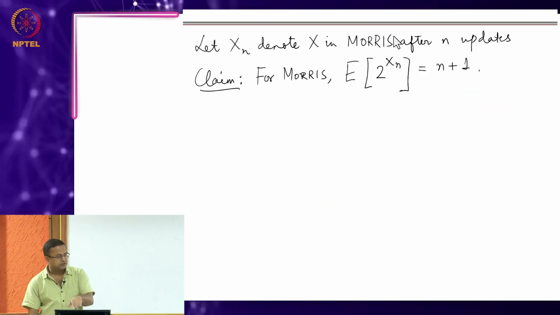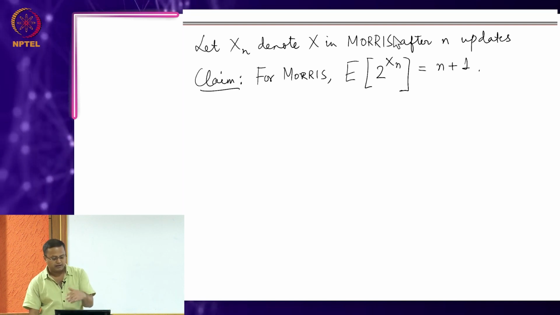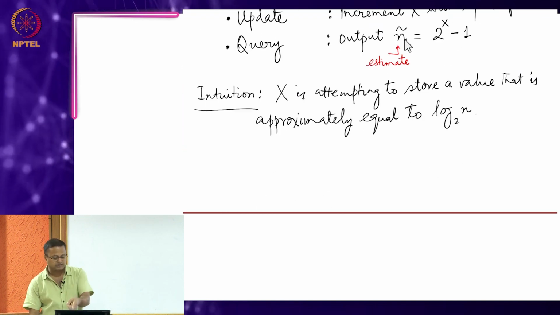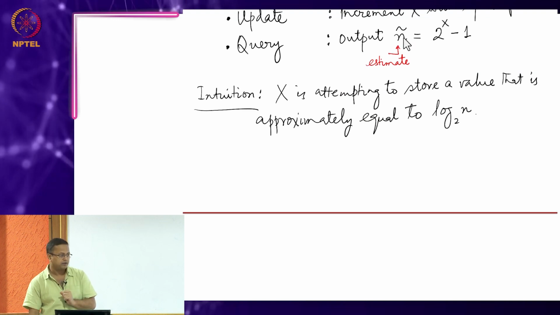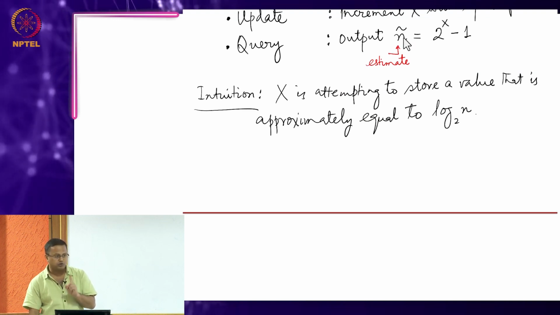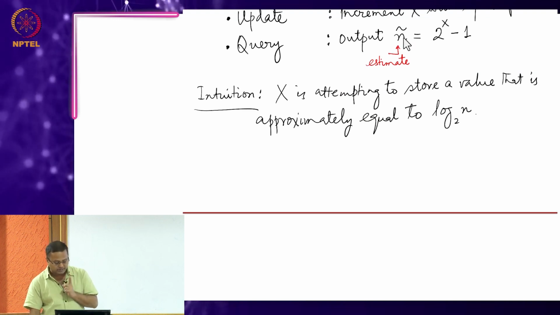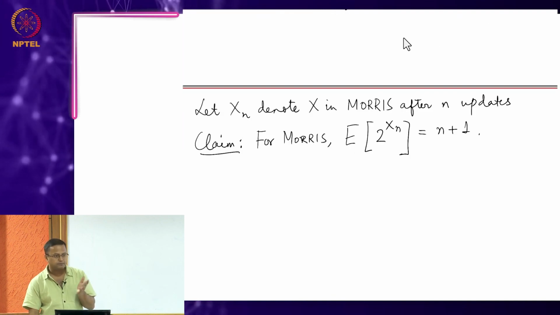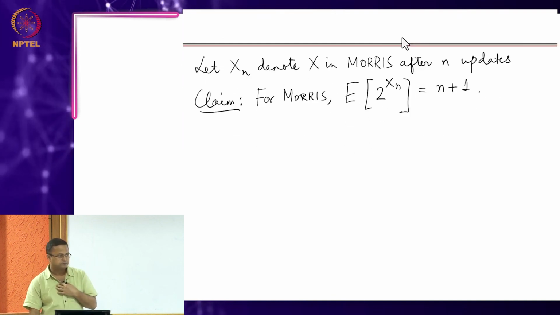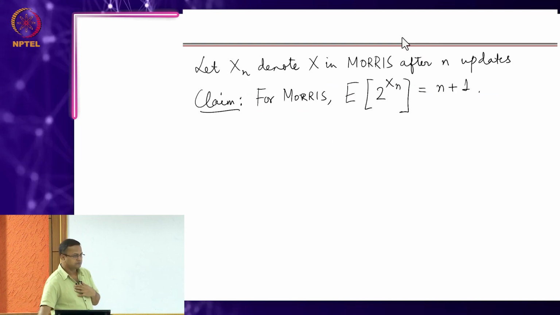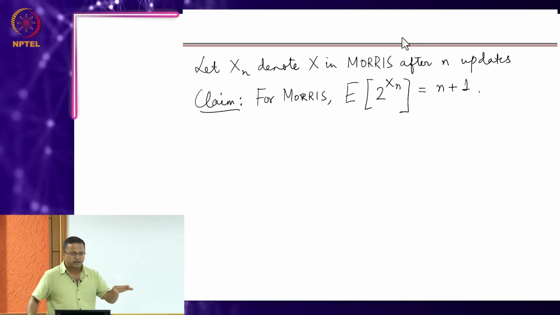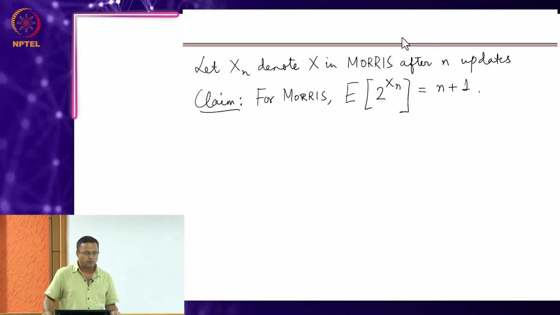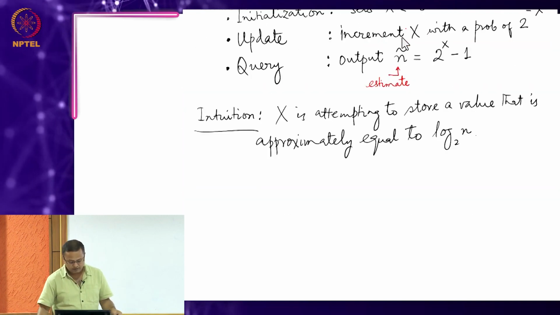Now, we will prove this, and now you understand why I had this correction factor of -1, because I want the expectation of 2 to the x_n minus 1 to equal n, right. So, you understand why that correction factor is there, because what do I want at the end?